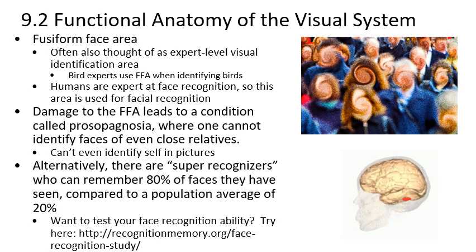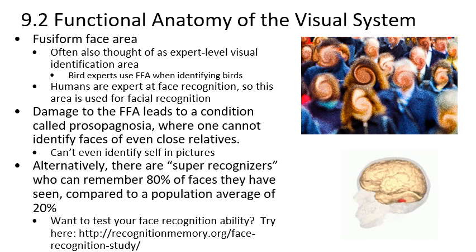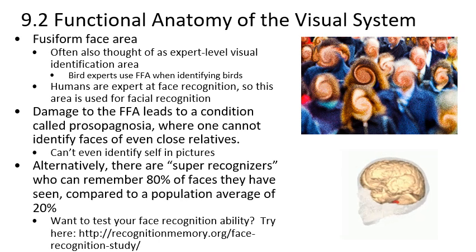So the fusiform face area is very interesting and associated with a number of interesting behavioral phenomena. As I mentioned before, it's also thought of as kind of an expert-level visual identification area. So humans are experts at facial recognition.